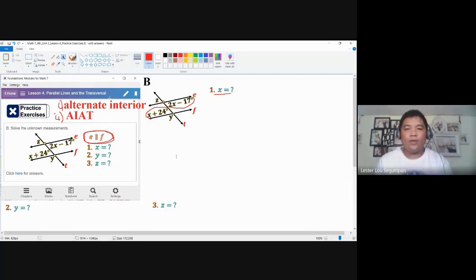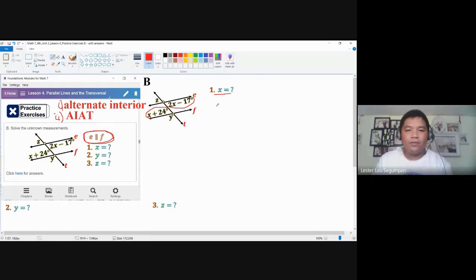If we say congruent, the two angles have the same measurement, or the measurement of one is equal to the measurement of the other. So after this identification, we can use that statement, congruent, same measurement, equal measurement, by equating the two angles here.